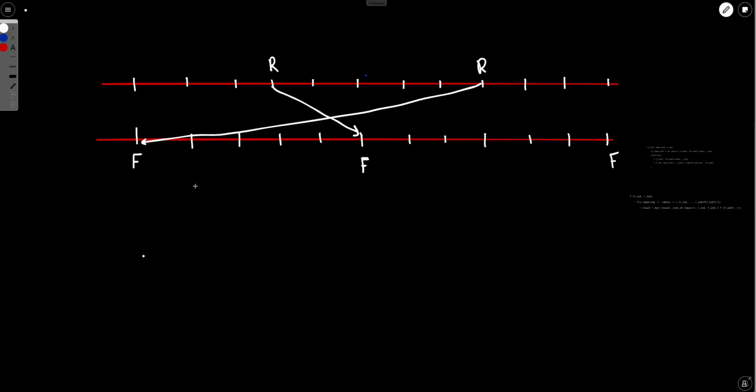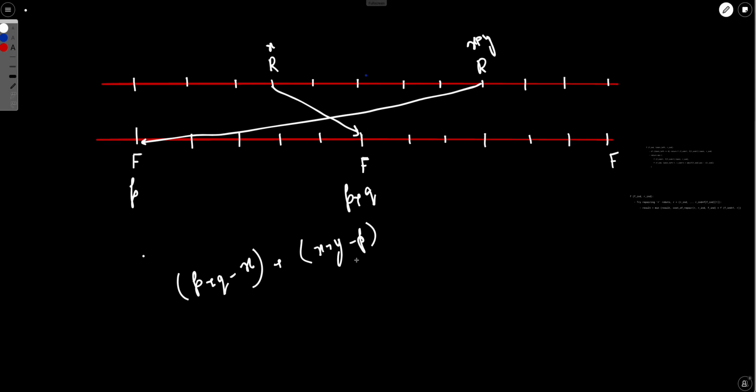Think about it. The answer is no. Because let's say this was at position x, and this was at position x plus y. Now this is at position p, and this is at position p plus q, right? So what you have just done, you have assigned this robot so that you get p plus q minus x, right? This much distance. And similarly, you have assigned this robot to this, so what you get is x plus y minus p, right?